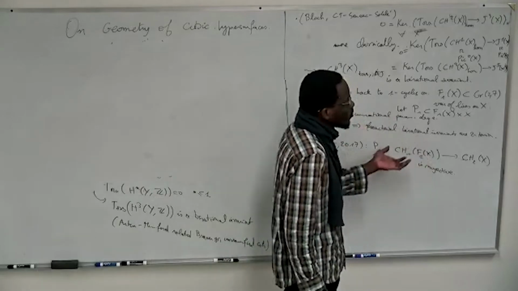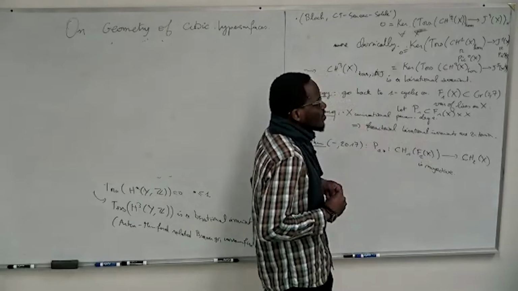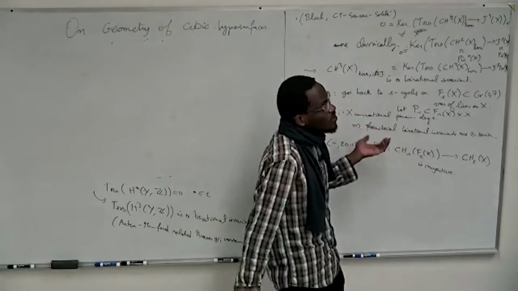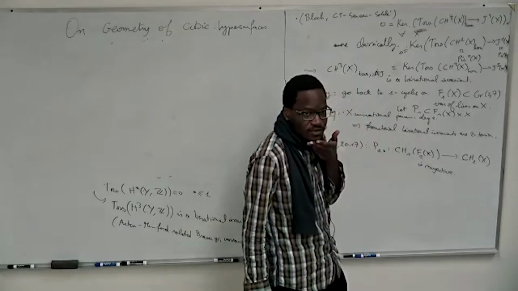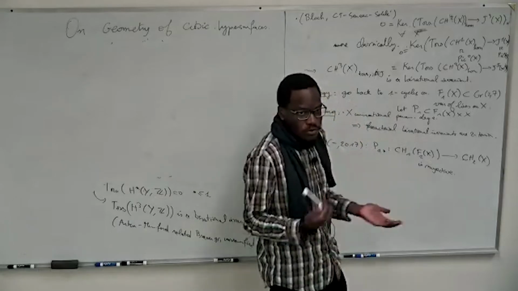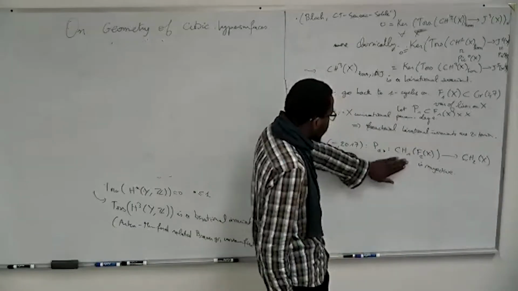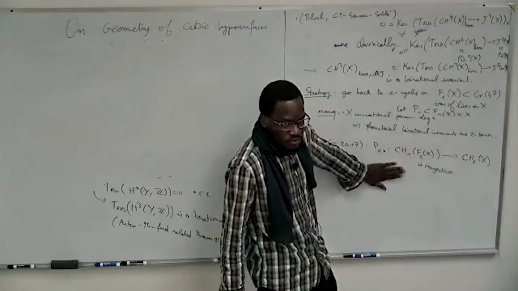You can always, if you take a variety, for example, if the Picard group is cyclic, it would make sense to be interested in a curve of least degree that will play the role of a line, and then you can try to do things. But here you really use the geometry of the cubic.